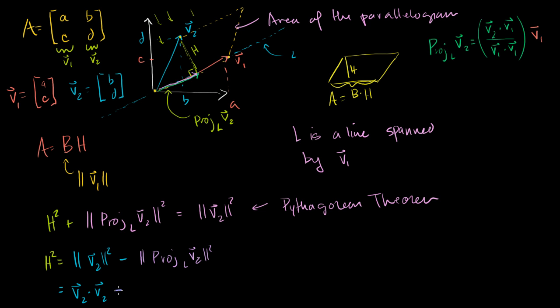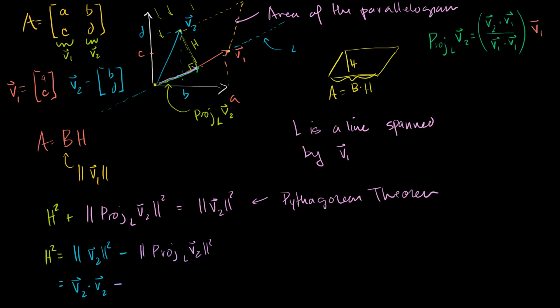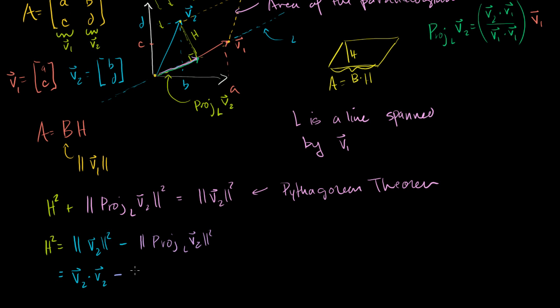So this is going to be minus the projection. It looks a little complicated, but hopefully things will simplify. v2 dot v1 over v1 dot v1 times the vector v1. This is all just going to end up being a number. Remember, you take dot products, you get numbers, times the vector v1.